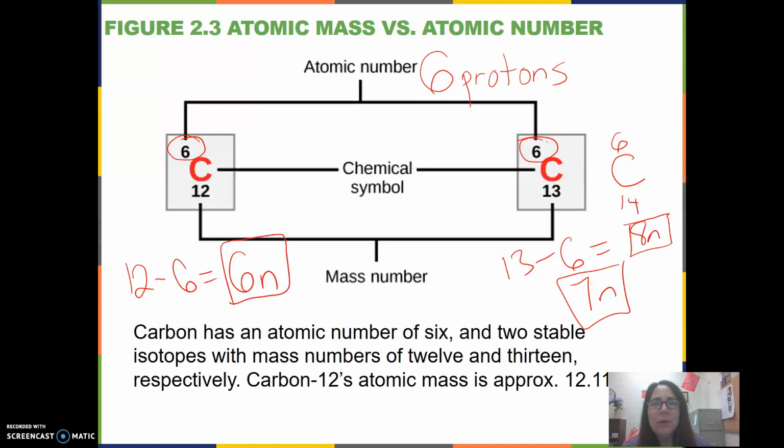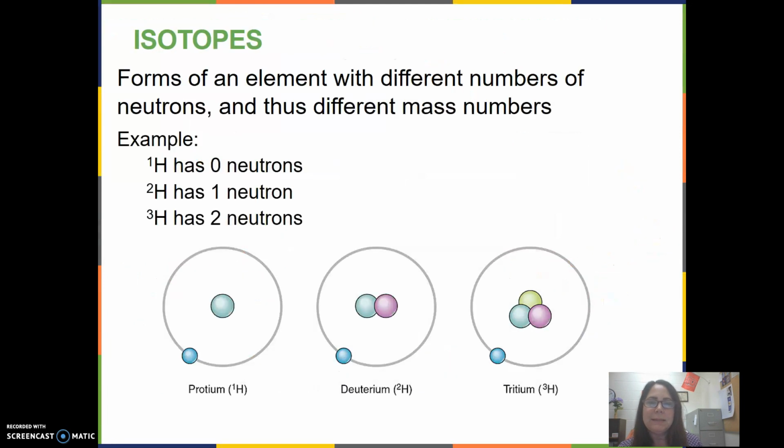But I just want you to understand the atomic mass is an average of all of the isotopes of an element, whereas the mass number is just the atomic mass rounded. So if you just round it to the nearest whole number, that will give you the mass number of the atom so that you can calculate the number of neutrons.